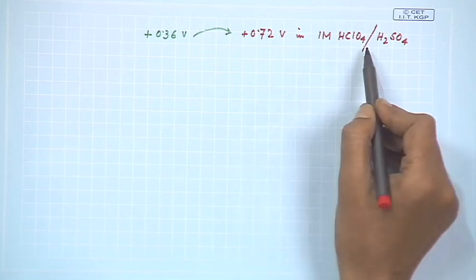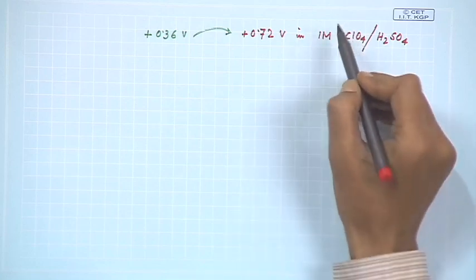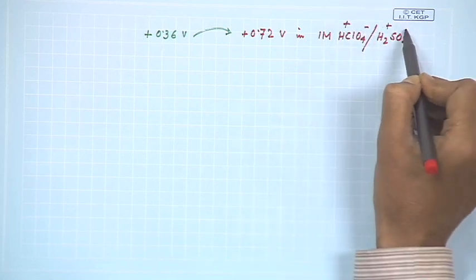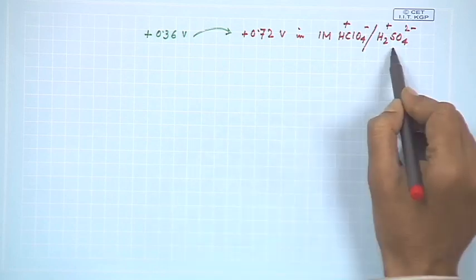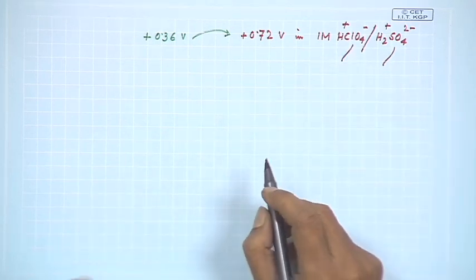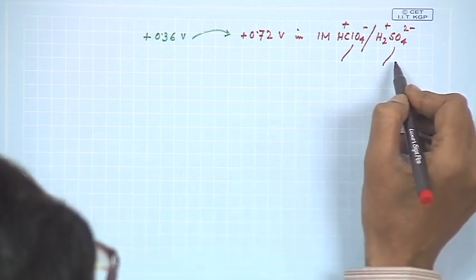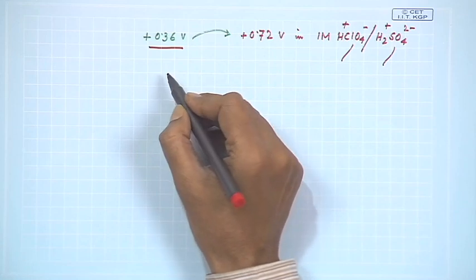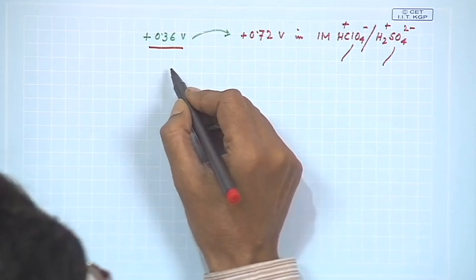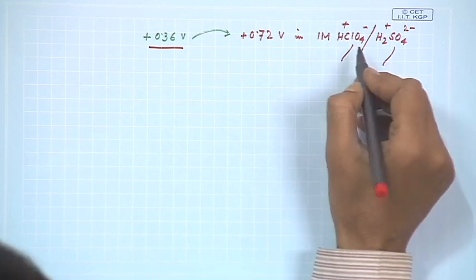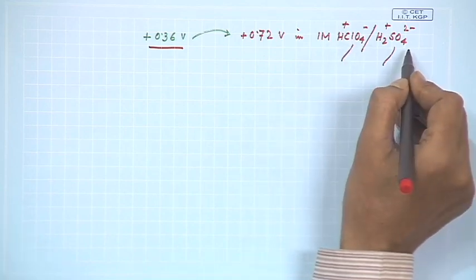But now, interestingly, in this case you are supplying H plus and ClO4 minus, and H plus and SO4 2 minus. Earlier we were talking about the complexing capability of the perchlorate ion and the sulfate ion to the iron side. But now we are talking about ferrocyanide and ferricyanide ions, so there is no chance of decreasing the concentration by complexation with these anions.